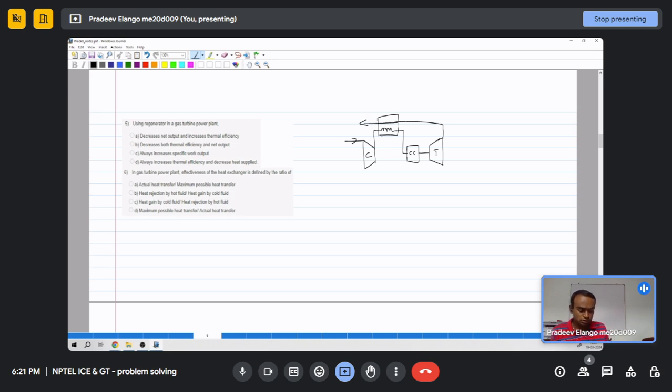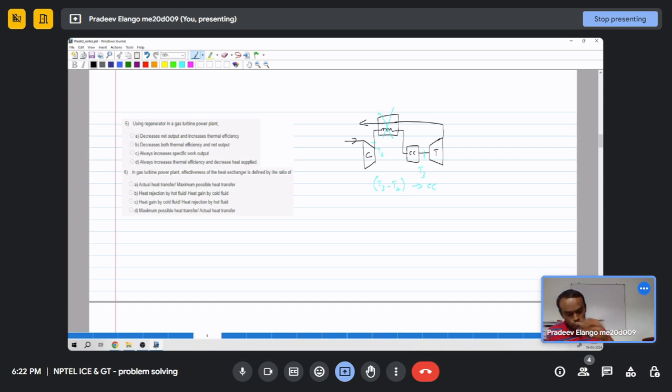So because of this, now you need not supply the same heat energy that you have supplied earlier. If this was not there, you have to supply, say this is T3 and this is T2, T3 minus T2 has to be supplied by the combustion chamber.